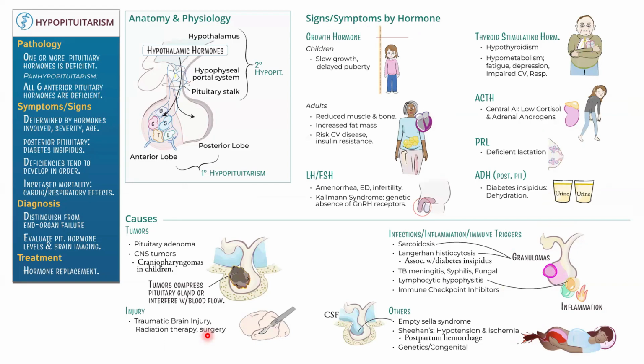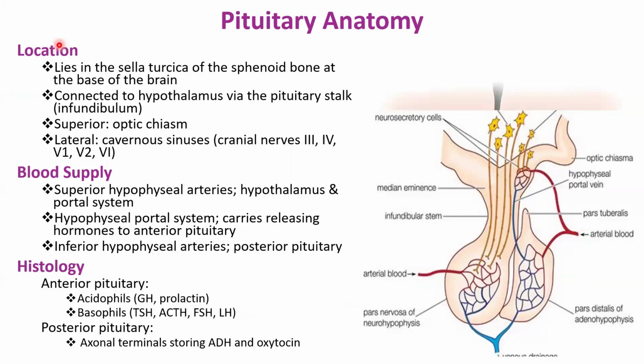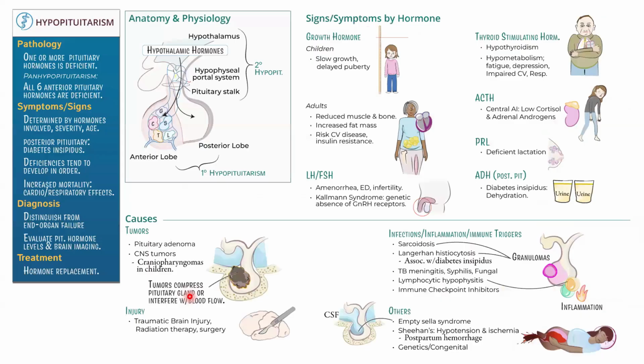So the first pathology that we'll cover today is hypopituitarism. Remember, these cells are producing hormones, which are growth hormone, prolactin, thyroid stimulating hormone, and the other hormones. When you talk about hypo, it means under secretion.